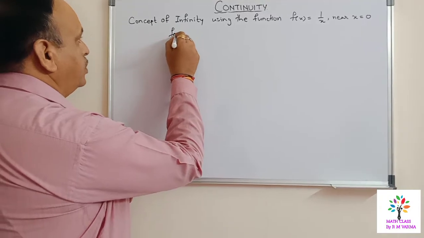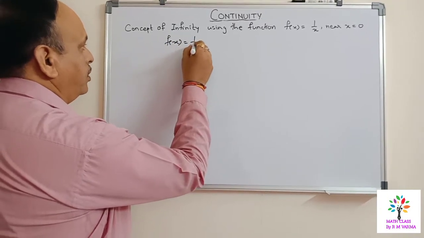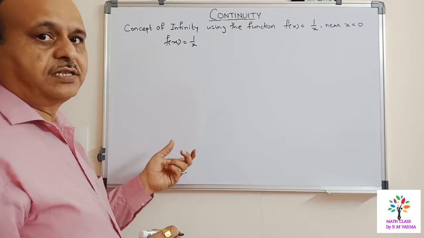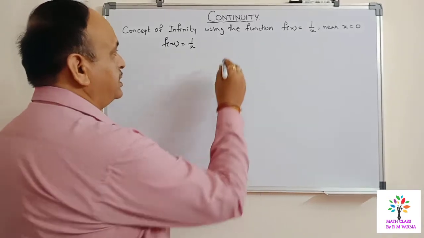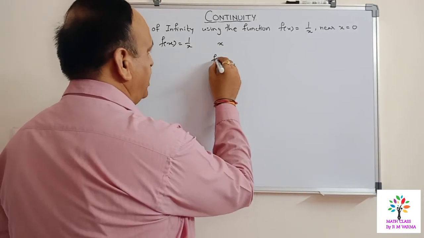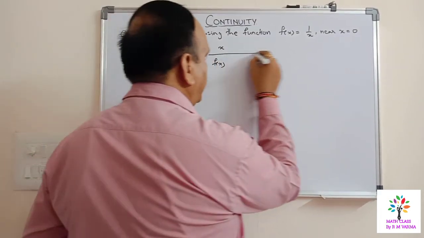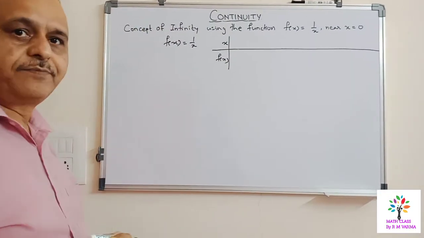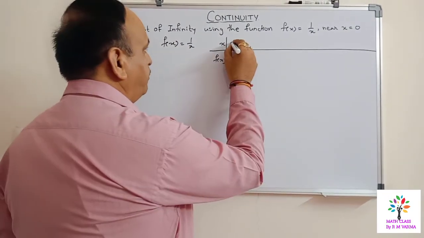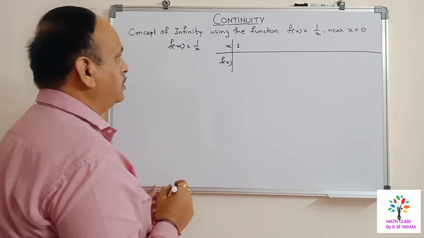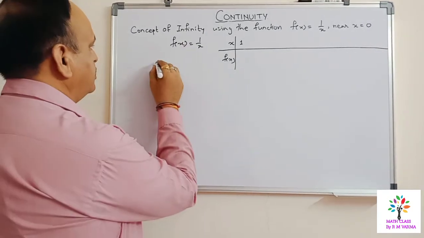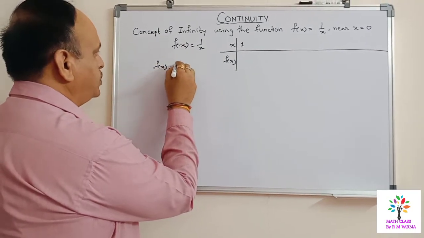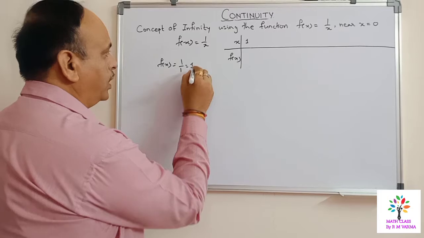Your function f(x) equals 1/x. I take the value of x very near to 0. Let us say x and f(x). I try to find out different values of x and f(x). First I take 1. If I take 1, f(x) equals 1/1, I get 1.